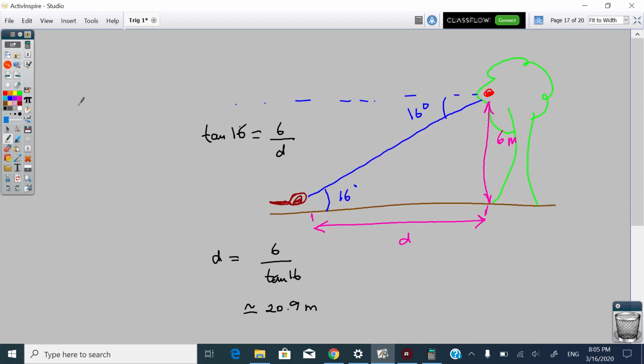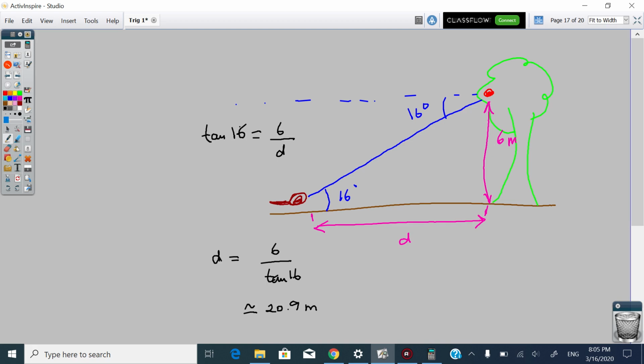Let's say that we have a flat ground and a tree, and in this tree there is a bird that is sitting on a branch that's 6 meters high above the ground, and this bird is watching a cat. The cat is here and here is its tail.